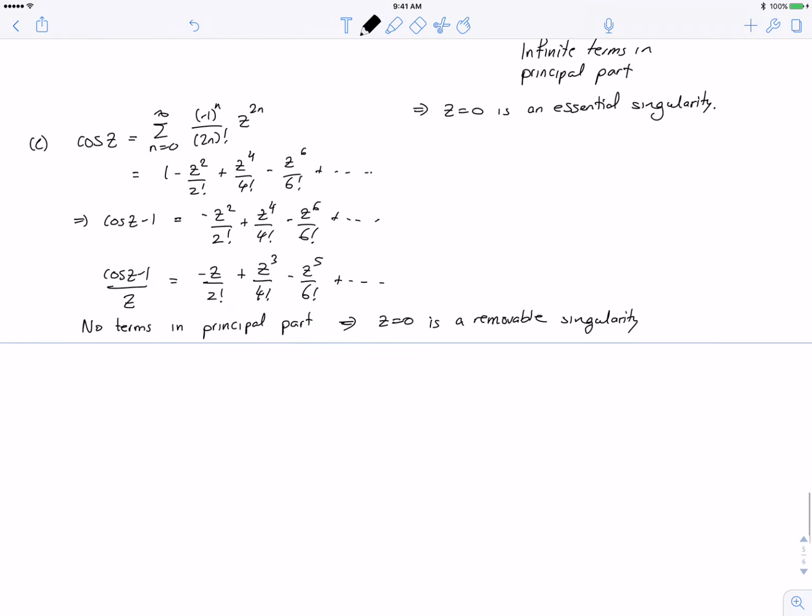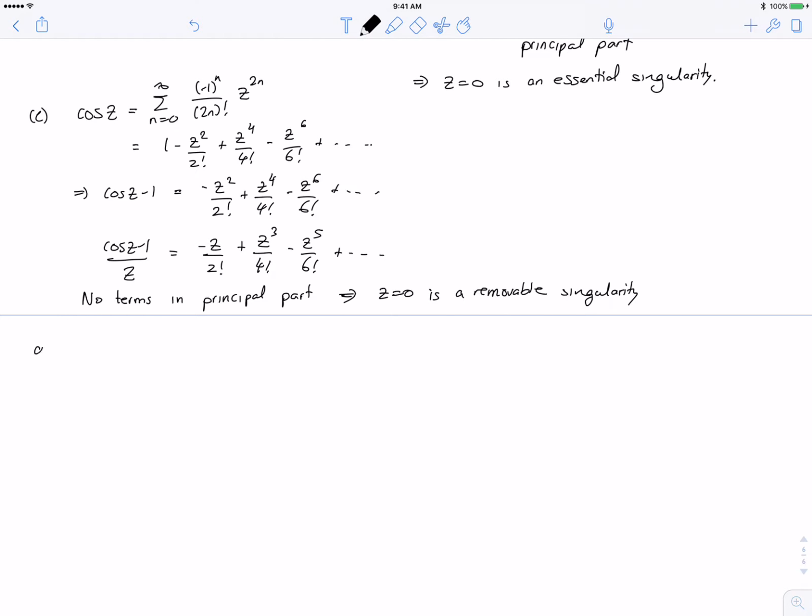So D, this one's a bit trickier. I want to classify singularities of z cubed cos z on e to the z minus 1 to the power of 7.